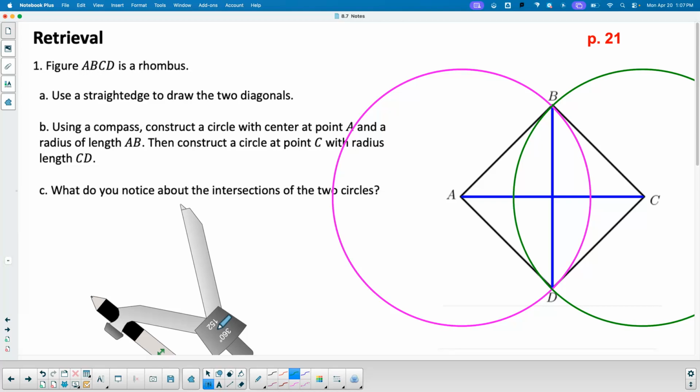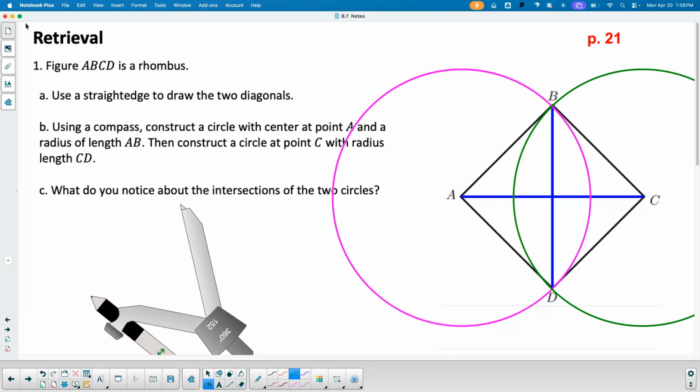Or conversely, why does it only work for a rhombus? Talk about it at your tables. Go, talk. Why does this work for a rhombus? Why wouldn't it work for anything else? Talk at your tables. Go.